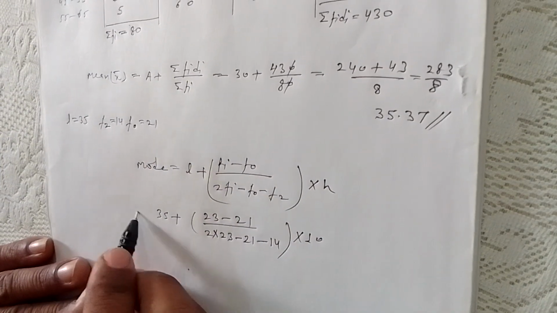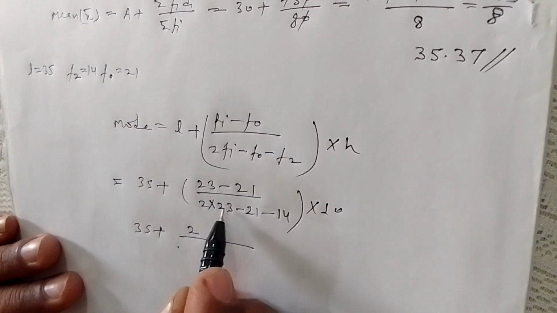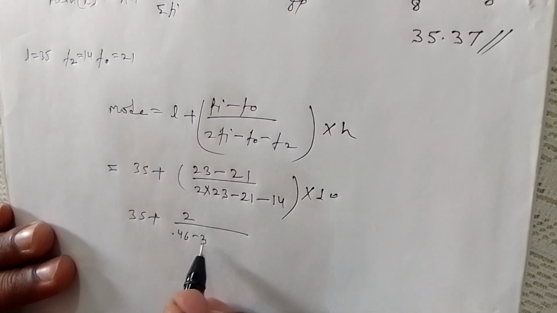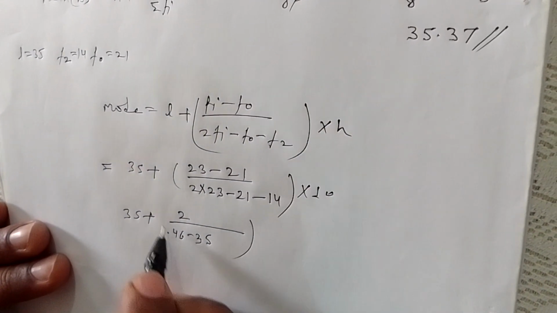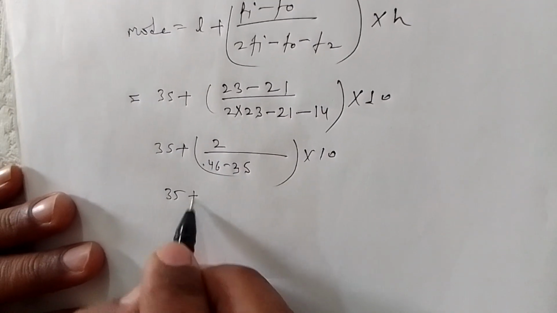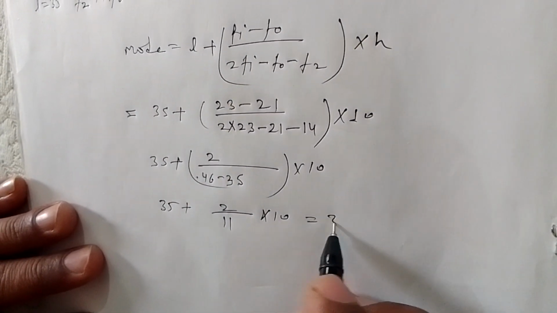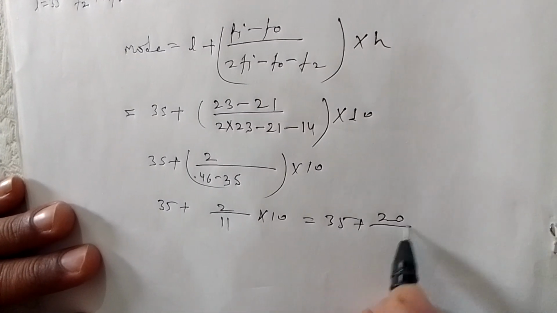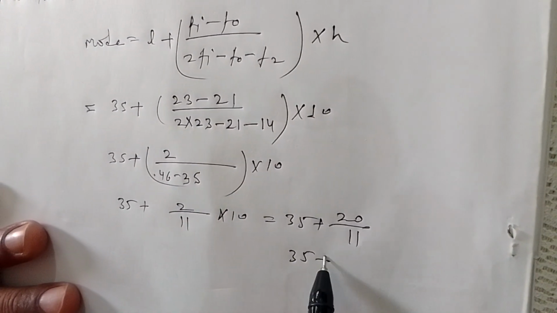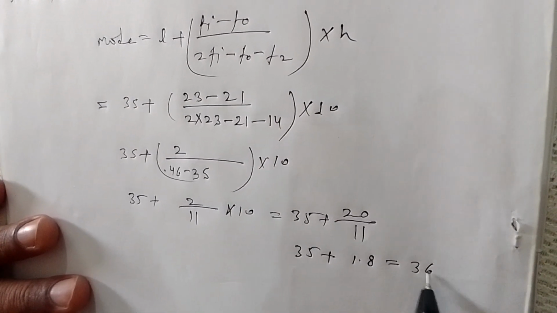On simplifying, we get 35 plus 2 divided by 46 minus 21 minus 14, multiplied by 10. On further simplification, 35 plus 2 by 11 multiplied by 10, that is 35 plus 20 by 11. On simplifying 20 by 11, we get 35 plus 1.8, which comes out to be 36.8.